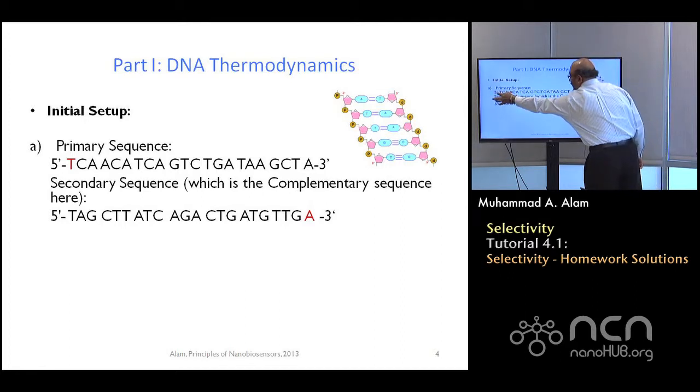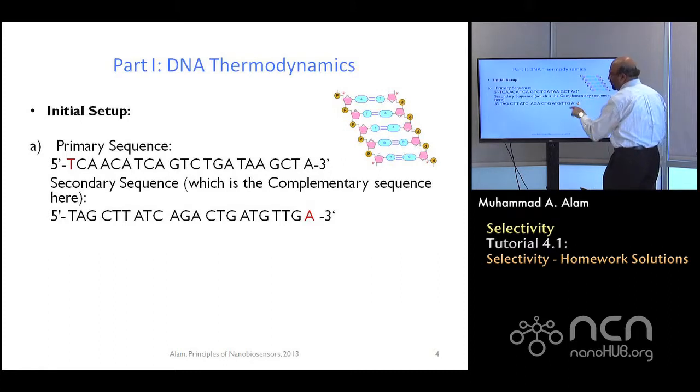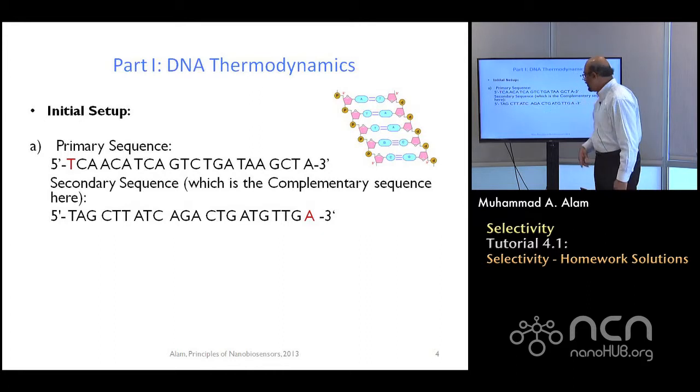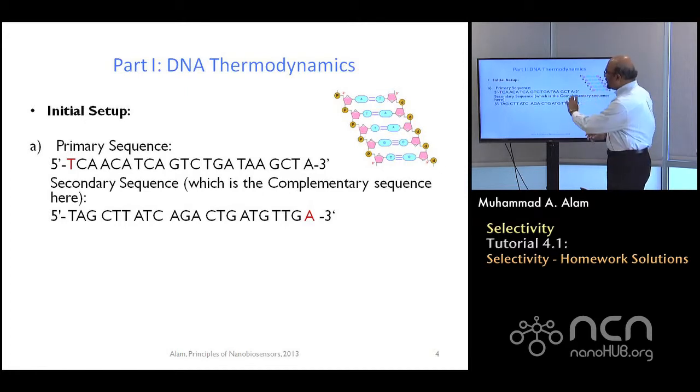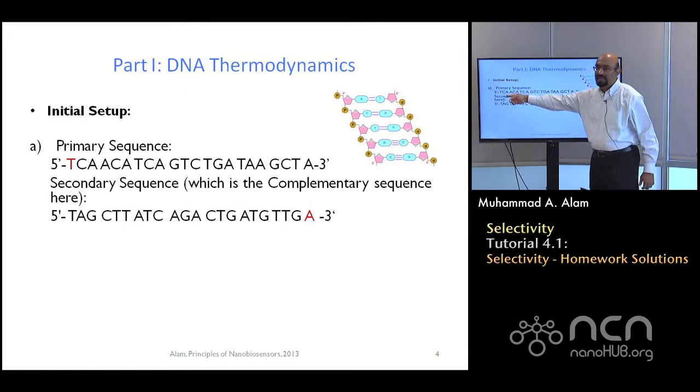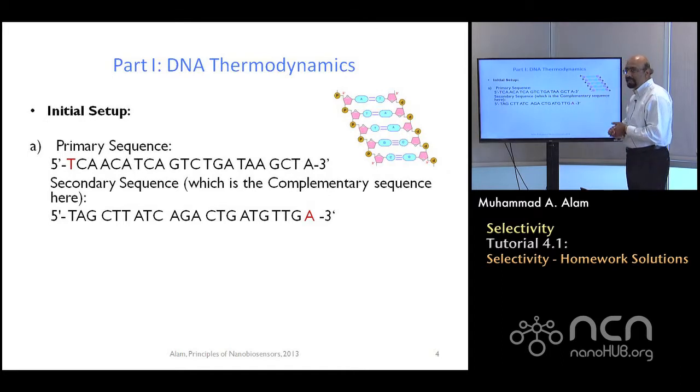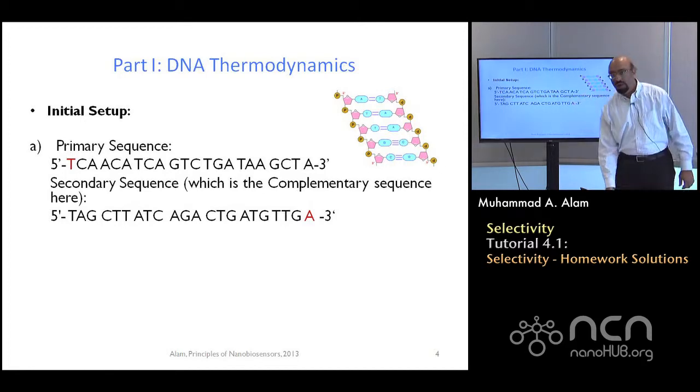The 5 prime side should be going from this side onward, and now you can see it's complementary because A goes with T, G goes with C, T goes with A, and so if you just flip it, you will see the secondary sequence or the target sequence is exactly complementary. 5 prime, 3 prime on this side, and 5 prime goes with the 3 prime, and then correspondingly these two chains line up. So we'll be thinking about how strong this binding is.